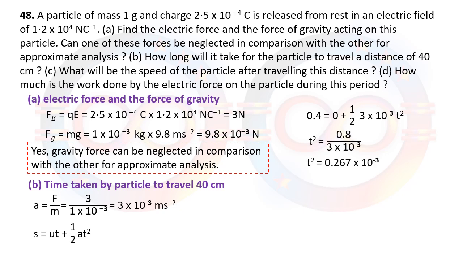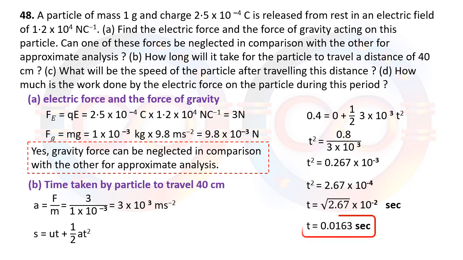On solving it, we will be able to get the answer as 0.0163 second. So with this much high acceleration, it will be able to cover 40 centimeter of distance in a very small span of time, that is 0.0163 second.